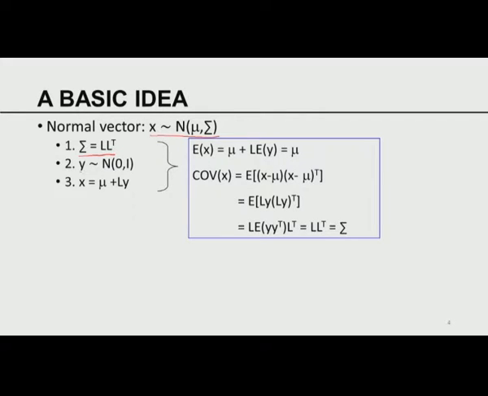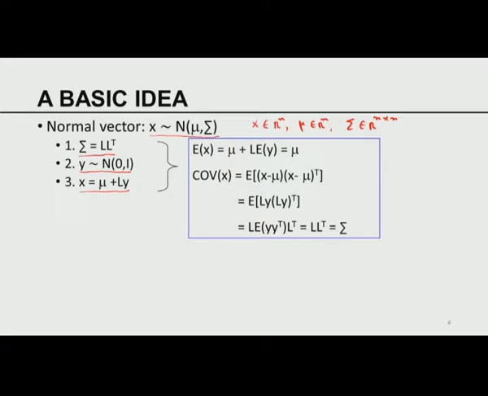Now let y be a standard normal variable. So in this case, what is x? x is a vector, mu is a vector, sigma is a matrix, L is a lower triangular matrix which is a square root of sigma, and y is a standardized normal variable which has mean 0 and identity as the covariance. Now I can relate x and y through relation 3.